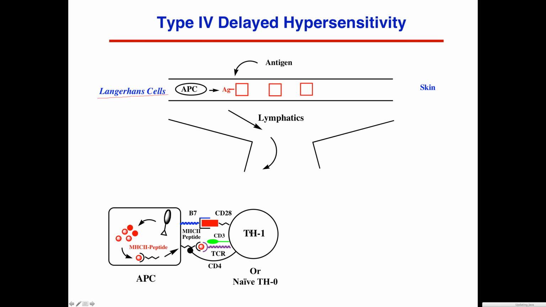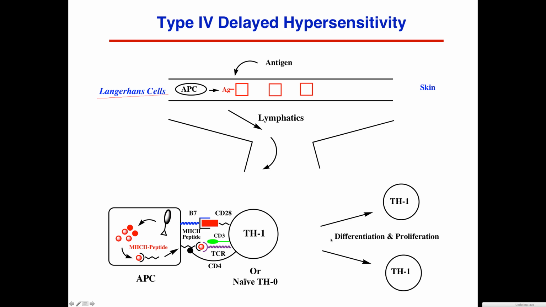And these are the main players. So everything else we've seen is here, but these Th1 cells in particular will differentiate and produce more Th1 cells, and they also produce memory cells, Th1 memory cells as well.